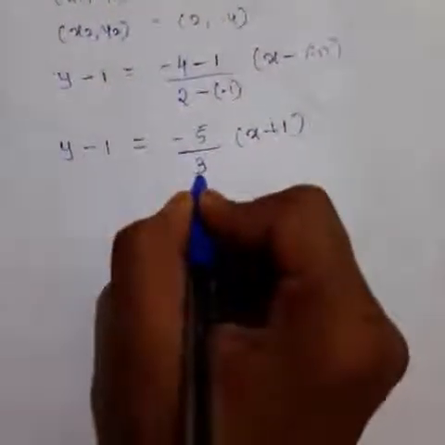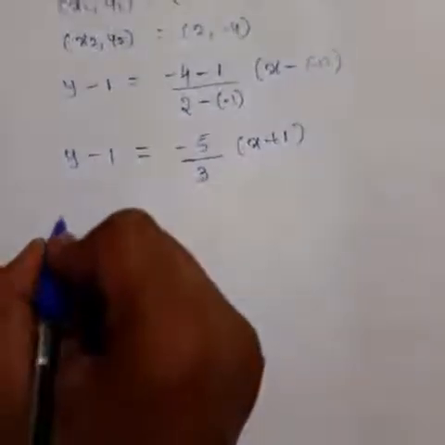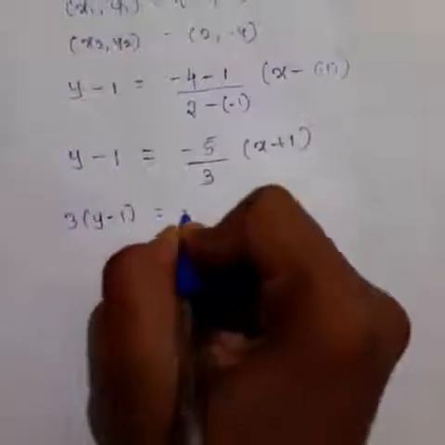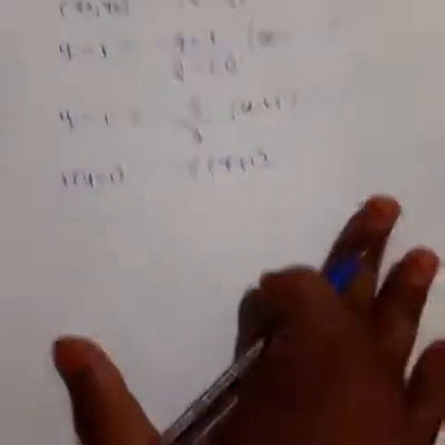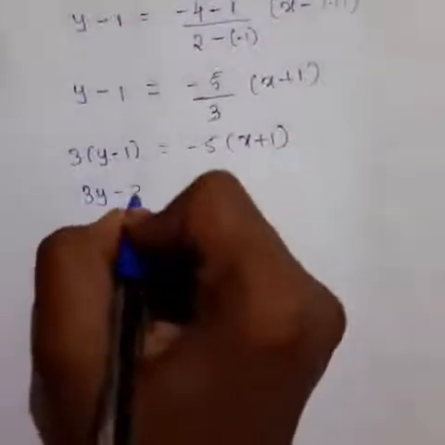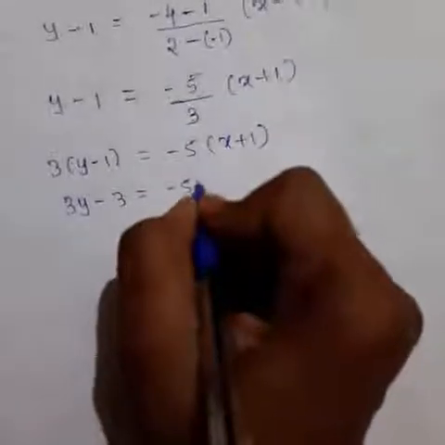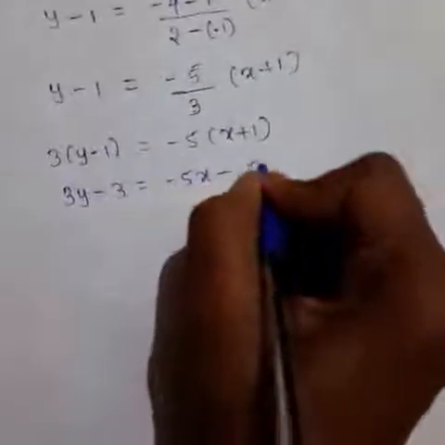Next, this 3 goes to the LHS side. 3 into y minus 1 is equal to -5 of x plus 1. Multiplication: 3 into y, 3y minus 3 is equal to -5 into x, that is -5x, minus into plus -5.